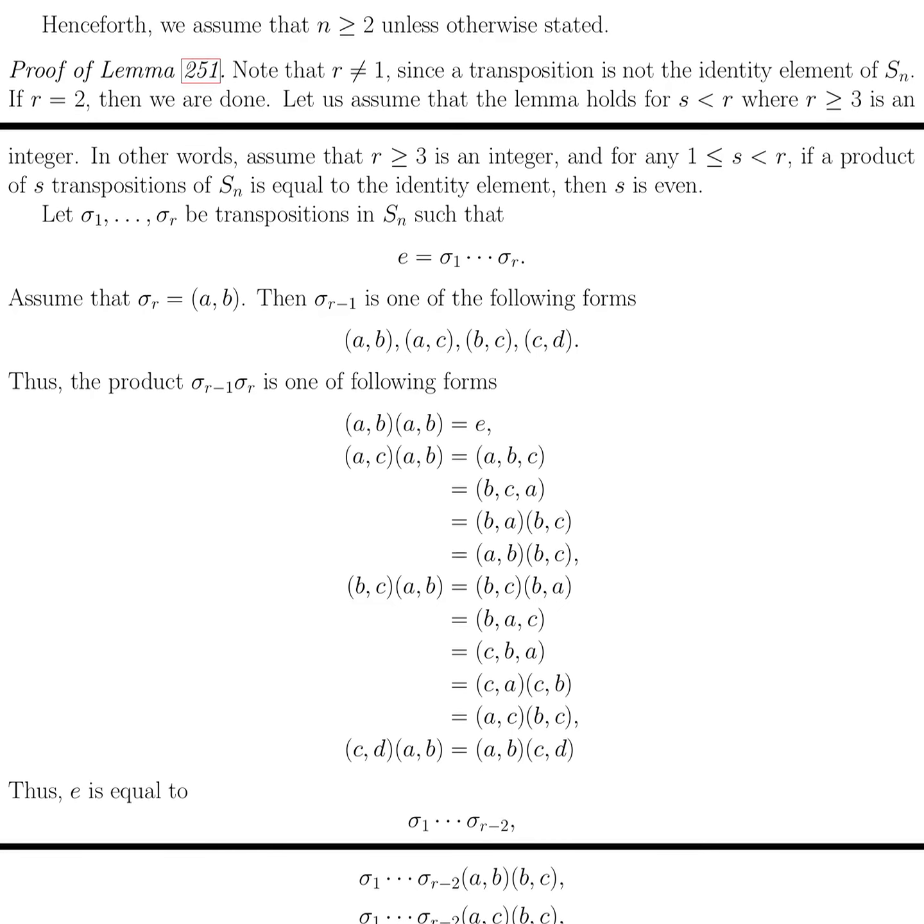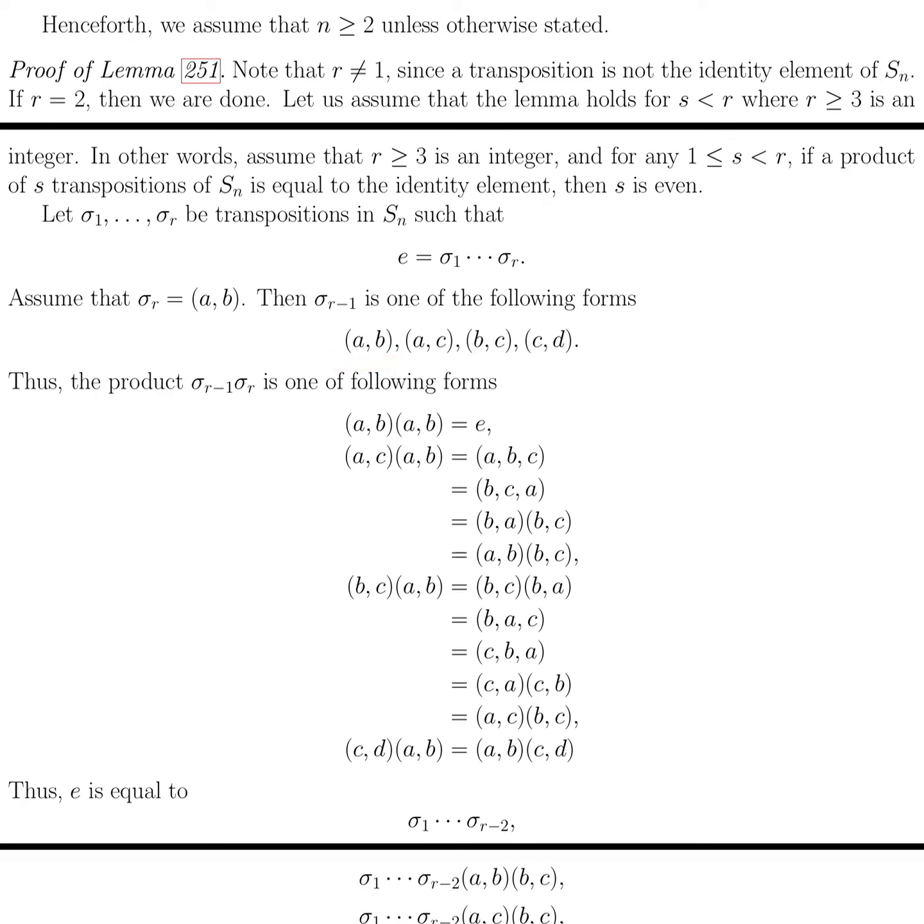The aim is to express E in a form which is more suitable. Suppose the last transposition, sigma R, is of the form (a b). How about the second last one, sigma R minus 1?